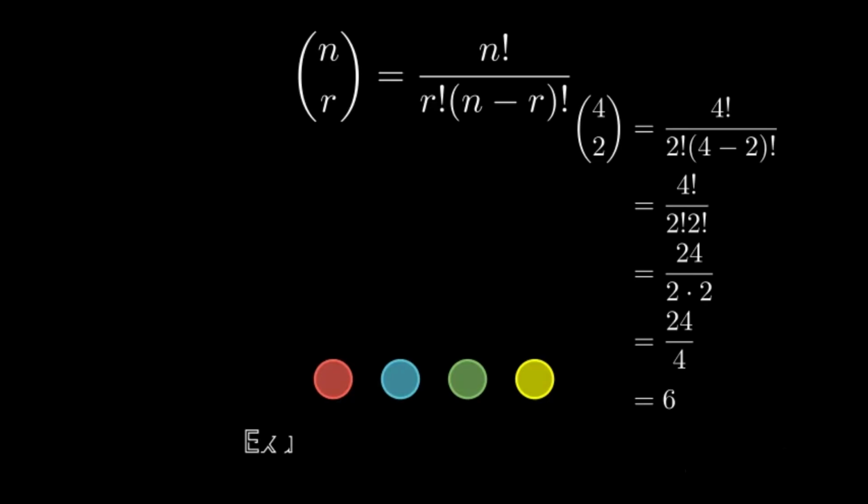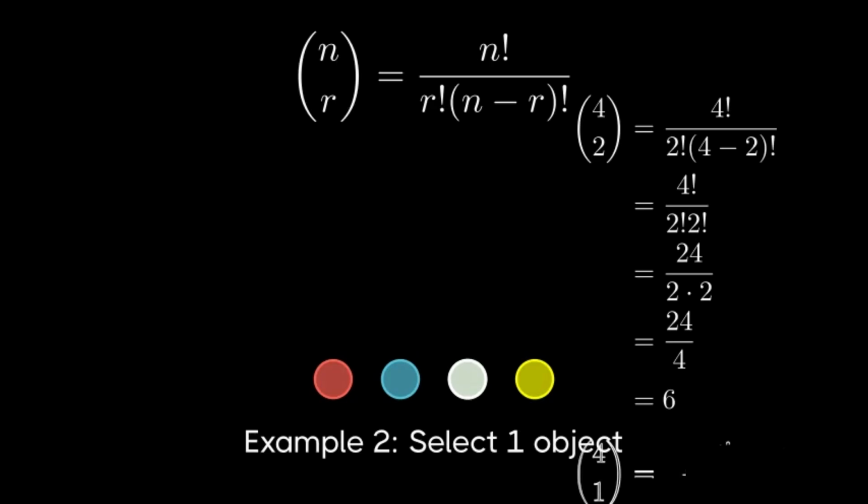For our second example, let's find the number of ways to select just one object from our set of 4. This should be straightforward. We can choose any one of the 4 circles. Here's one possible selection, the green circle, but we could also select the red, blue, or yellow circle instead. So there are 4 possible ways to select one object from our set.